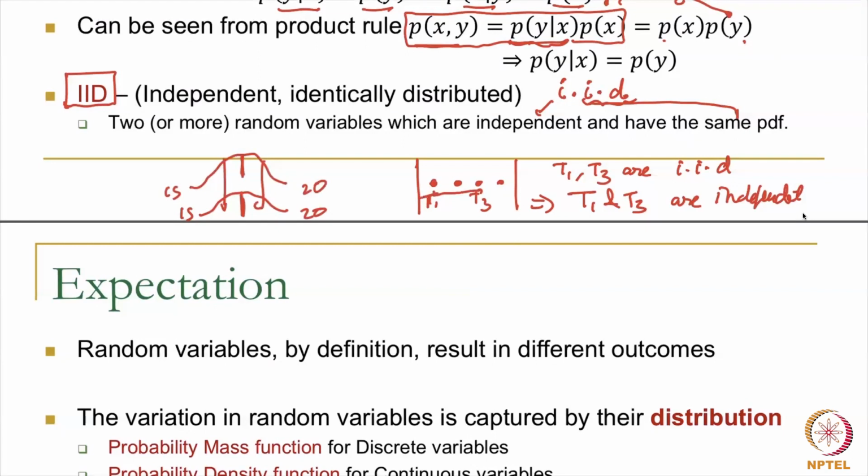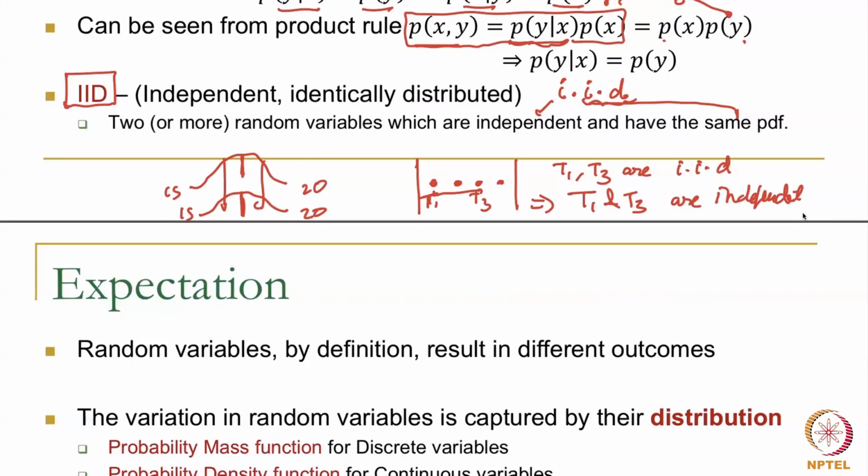A simple example in discrete cases would be, let's say you have two friends, both of them tossing a coin. So both these events are IID events. You toss a coin and your friend tosses a coin, and both of them are independent. Your toss has nothing to do with the friend's toss.